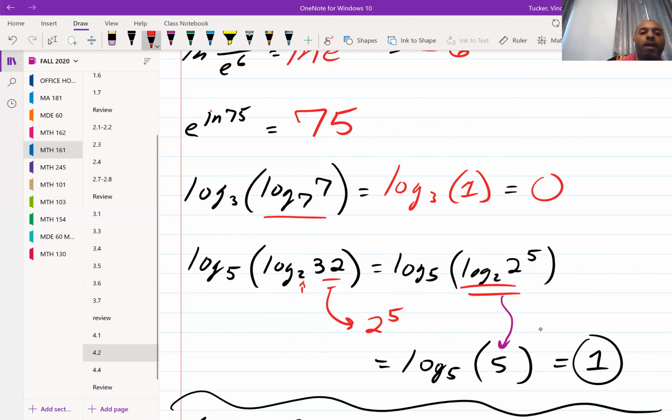I recognize that 32 is 2 to the 5th power. So now I can simplify log base 2 of 2 to the 5th power. That gives us just 5. Then log base 5 of 5 would be 1.